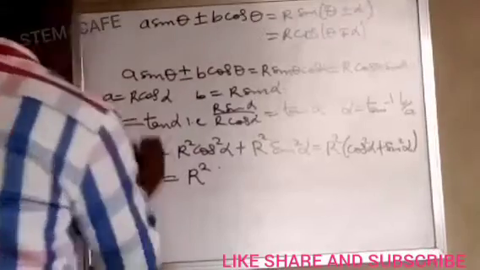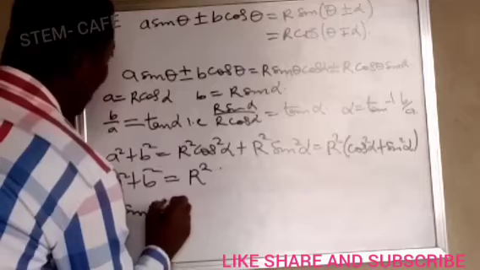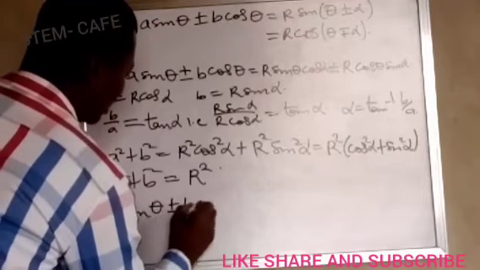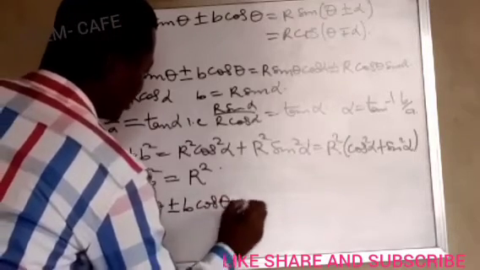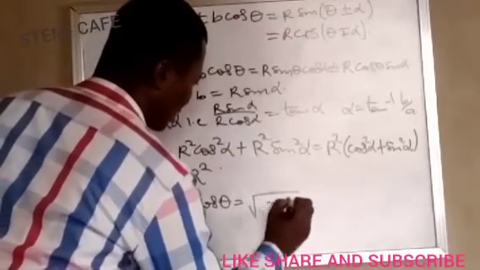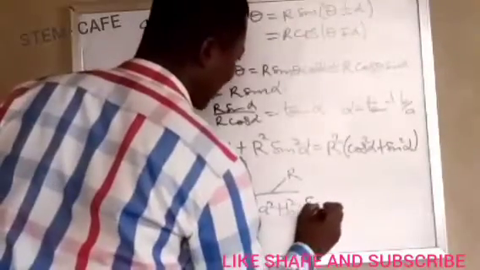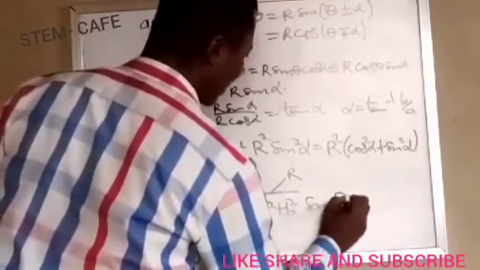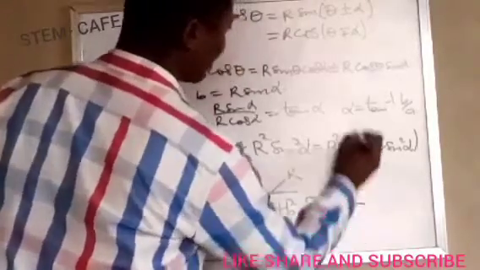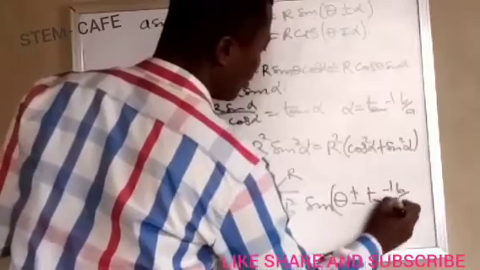So the above expression, a sin theta plus or minus b cos theta, is the square root of a square plus b square, since this is r, times sin(theta plus or minus tan inverse of b over a).